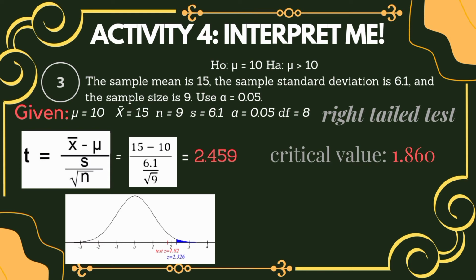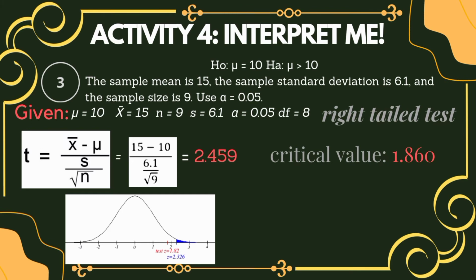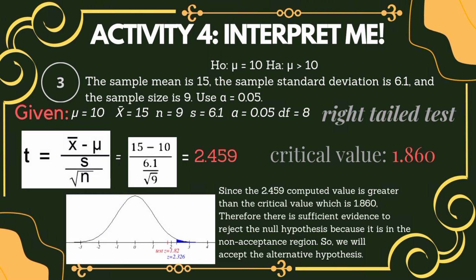Finally, our conclusion will be that since the 2.459 computed value is greater than the critical value, which is 1.860, therefore there is sufficient evidence to reject the null hypothesis because it is in the rejection region. So, we will support the alternative hypothesis.